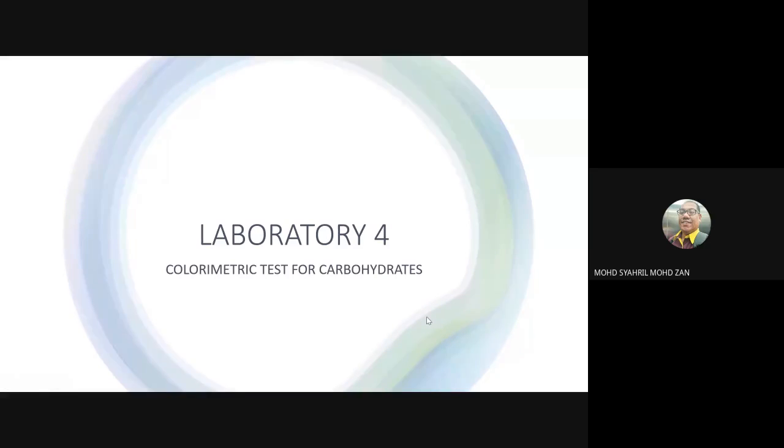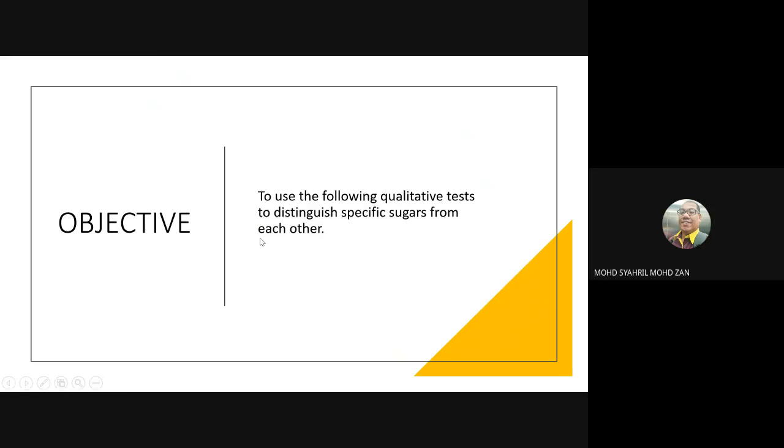Okay, laboratory number 4, colorimetric test for carbohydrates. So this one is also available in your future course content, so you can download it and it will help you on writing the report. Okay. Alright, so objective. Okay, to use the following quantitative tests to distinguish specific sugar from each other.